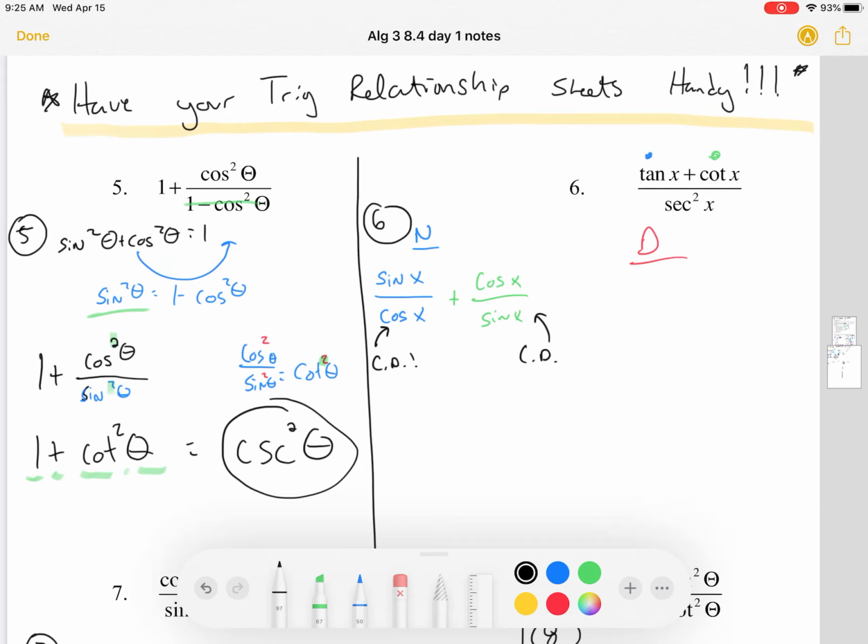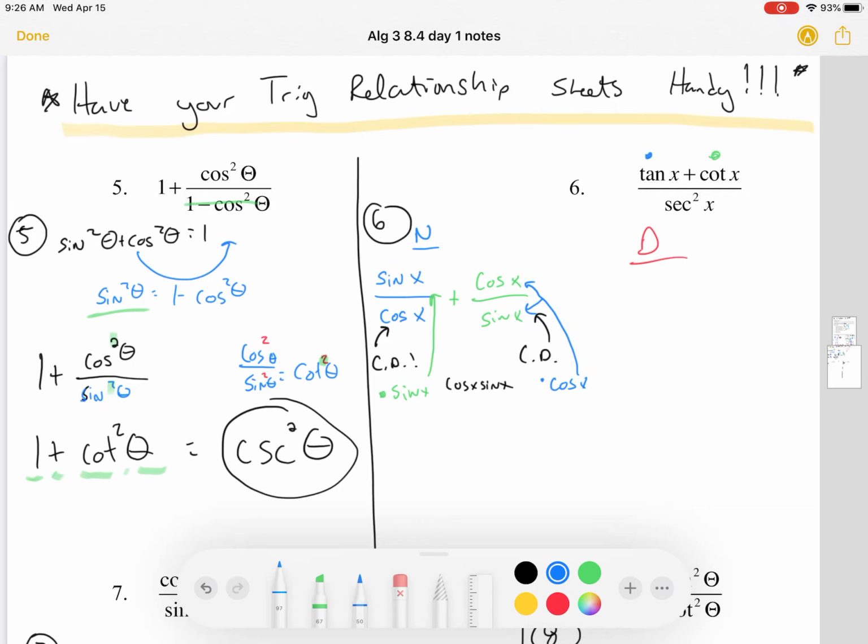The green one has a denominator of sine. So my common denominator would be cosine x sine of x. So the blue one, I need to multiply by sine of x. So I'm going to multiply top and bottom by sine of x. The green one, I got to multiply that one by cosine of x. And again, I got to multiply the top and the bottom by cosine of x.